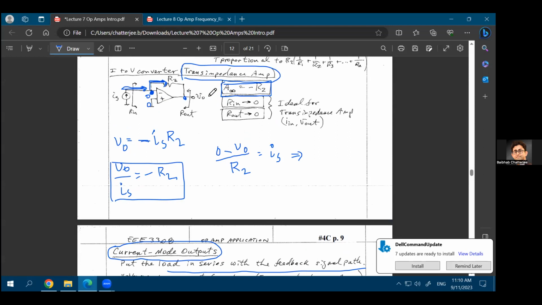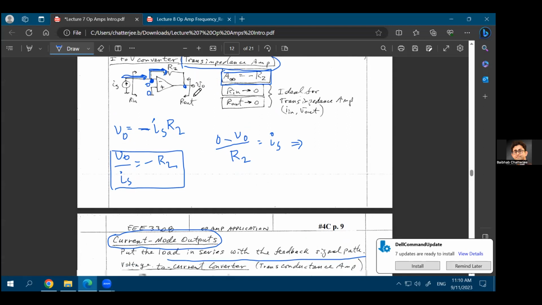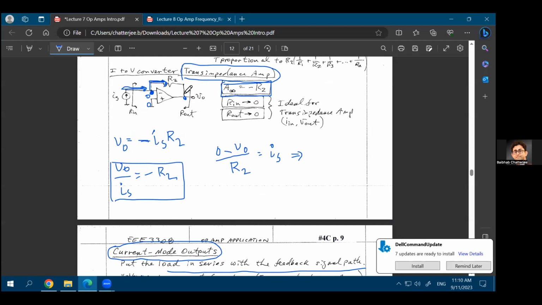So what does that mean? Let's just assume this particular scenario. You were calculating the V naught over here, and you had this R2 connected in feedback to the input.